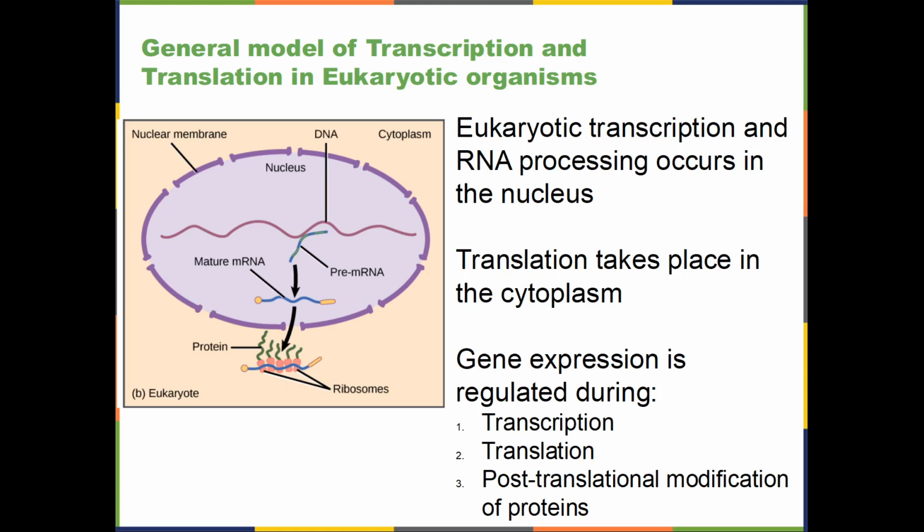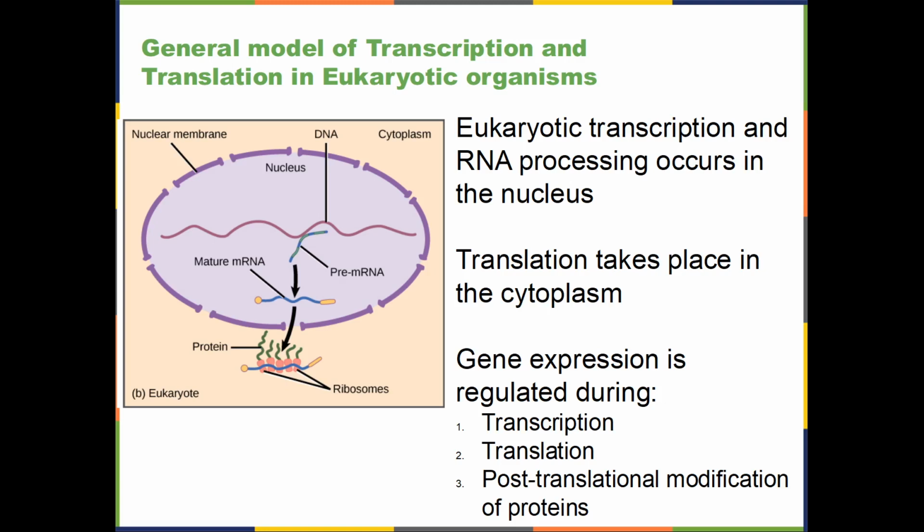We make our mRNA inside of the nucleus. That mRNA then travels outside the nucleus into the cytoplasm, where it is then translated into protein. Now, this allows for more points of control, more points of regulation in the process.